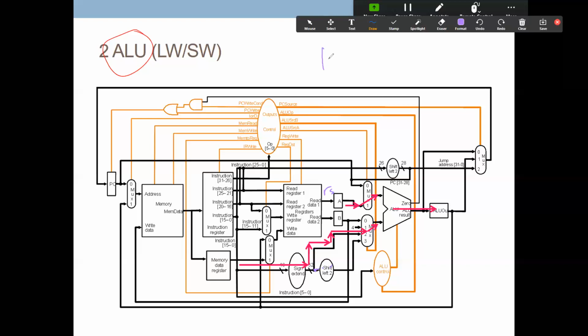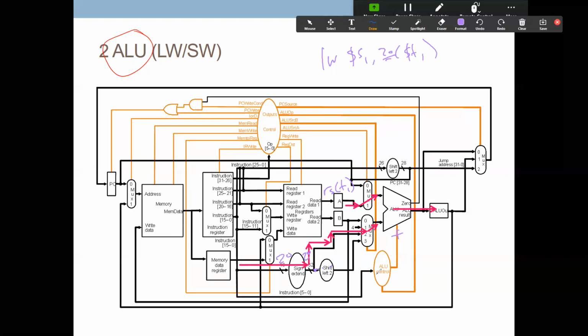So if I have load $s1, 20($t1), then T1 comes out here. Now this value T1 I need to add with the immediate, which is 20. Here 20 stays 20, nothing changes, but I am converting it from a 16 bit immediate to 32 bits. And I would ask the ALU to do the addition operation.